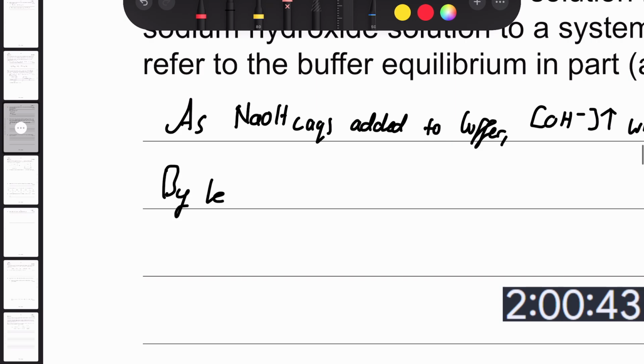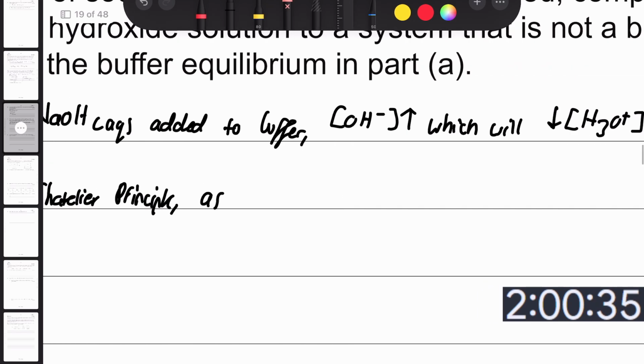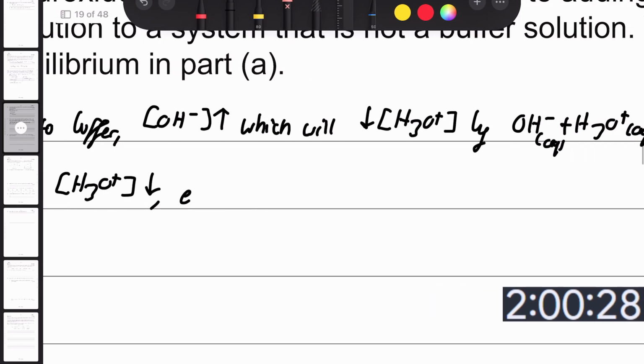And by Le Chatelier's principle, as H3O plus decreases, the reverse reaction will be favored.